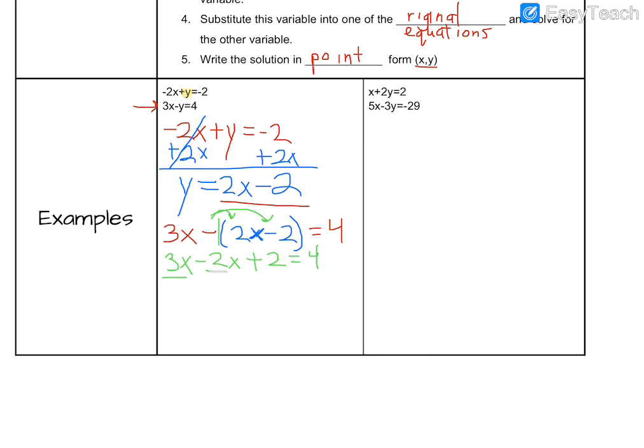So we're going to combine like terms. 3x minus 2x is x. And the rest I'm just going to bring down. So I end up with x plus 2 is equal to 4. Now we can use inverse operations to get rid of the 2. So minus 2 on both sides. And we get x equals 2.